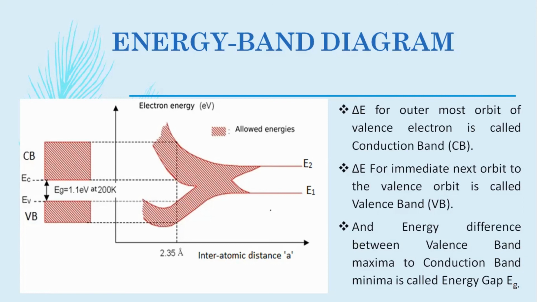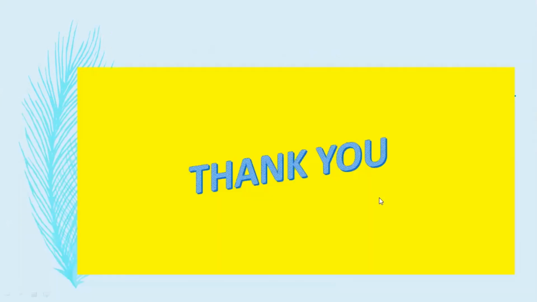The orbit just inside the outermost orbit also has some energy range. This is called the conduction band, and in between these two orbital energy bands, we have some forbidden area where no energy state is available for any electron to lie at that energy state. This is called the energy gap or forbidden gap. Okay, thank you.